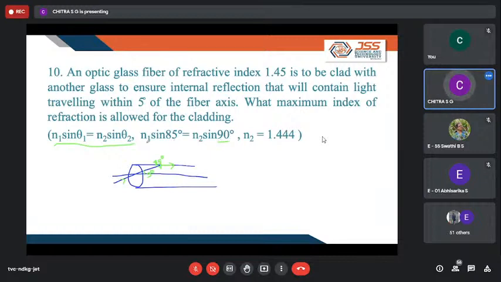So n1 sine 85 degree is equal to n2 sine 90. So sine 90 is nothing but equal to 1. So you calculate, n1 is given. So sine 85 into n1 if you do, you will get n2. See, tell me what's the answer?